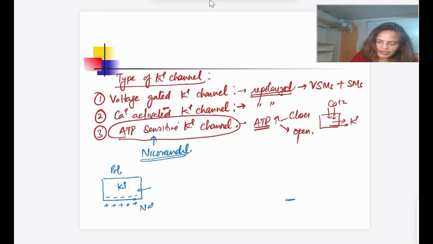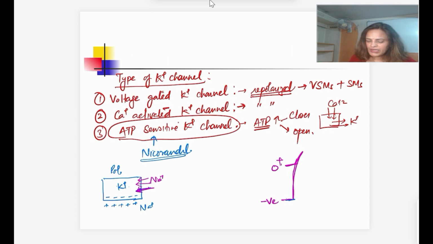There is an influx of the sodium ion. So usually the potential, the voltage, is negative. Now with the influx of sodium ion, it is going to become less negative, and suppose here it comes to 0, it will move towards the positive, and we say now the cell is depolarized, right?